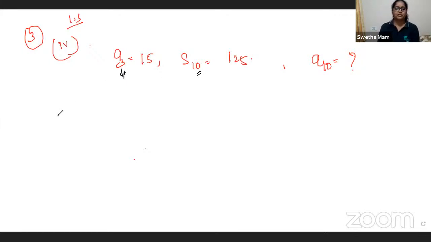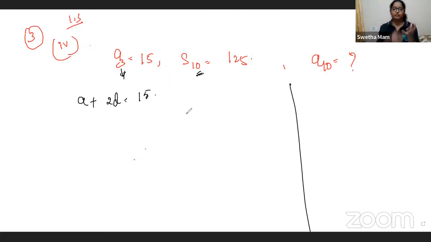See, how will you write A3? A3 can be written as a plus 2d is equal to 15. Right, children? So here they have given S10. So how will you write this? So here also let us take the equation. How to get the equation, see, S10 is equal to n by 2 into 2a plus (n minus 1) d.